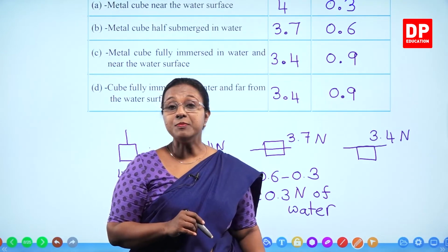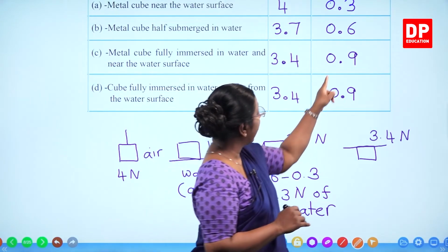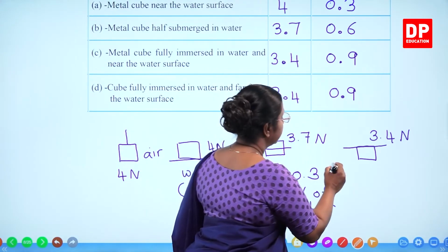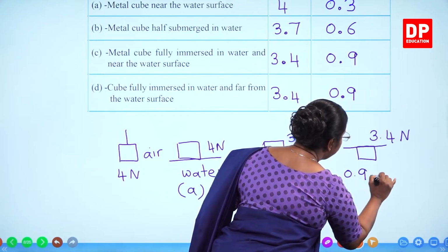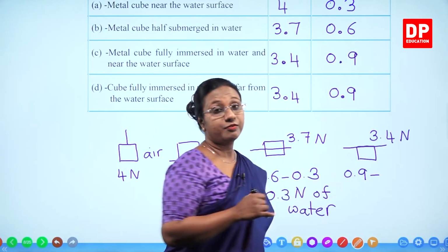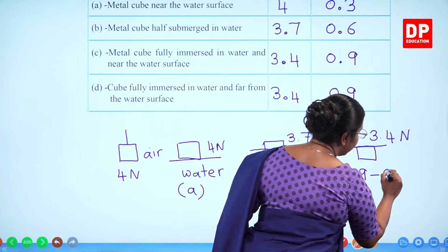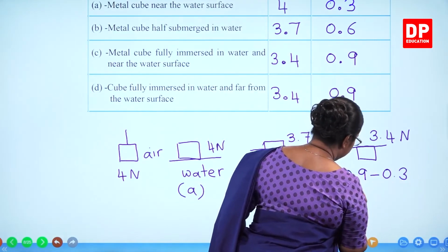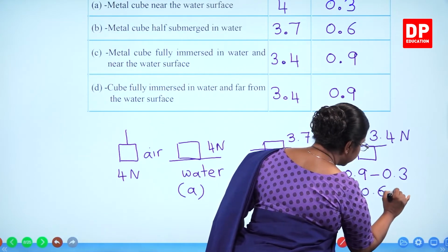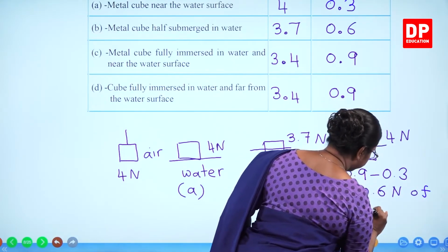The weight became 3.4 Newton, and for the weight of water, 0.9, we need to subtract the initial value, only the beaker. So 0.9 minus 0.3 is equal to 0.6 Newton of water.